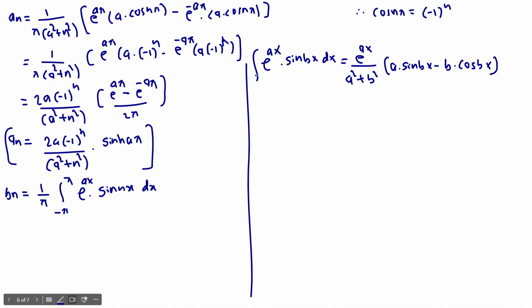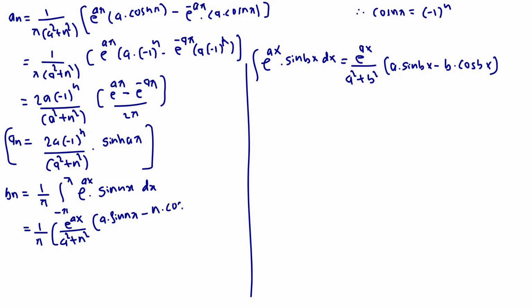Okay, so again same, you have to put a is equal to a and b is equal to n here in this formula, so you will get 1 upon pi in bracket e raised to ax upon a square plus, you have to just replace b by n, in bracket a sin bx, that is a into sin nx, and minus b means n into cos nx.